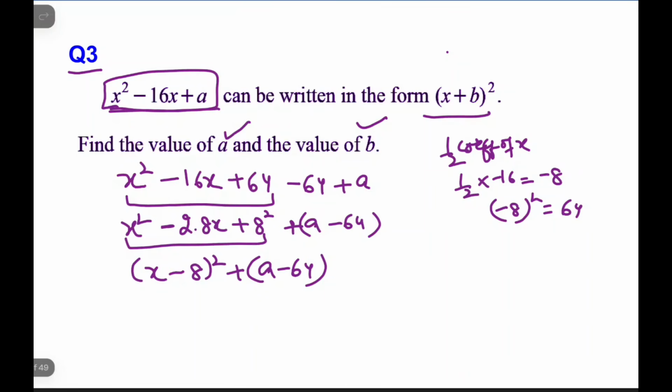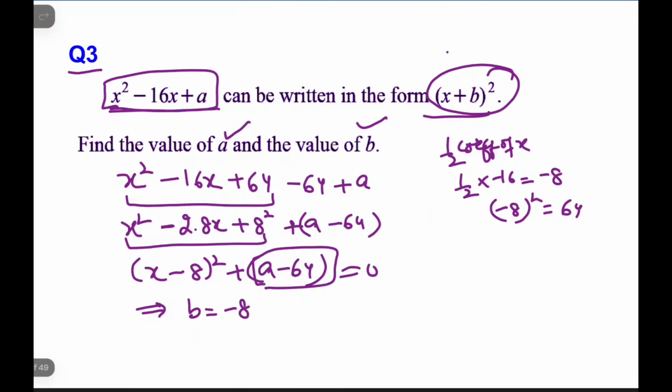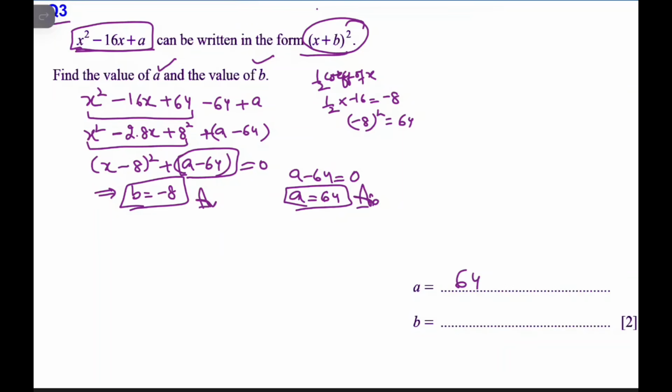So now in order to write it in the form of (x plus b) whole squared, that implies the b value is minus 8 and this term should be equal to 0. So a minus 64 should be equal to 0. So the a value will be 64. So the a value is 64 and the b value is minus 8.